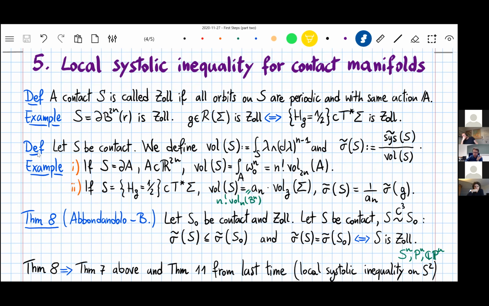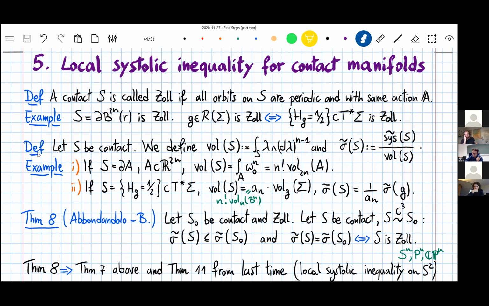The ball should be the maximizer for this systolic ratio. What is so special about the ball? We remarked at the very beginning that the ball has the property of describing the dynamics of n harmonic oscillators with equal frequencies. So all orbits are periodic.